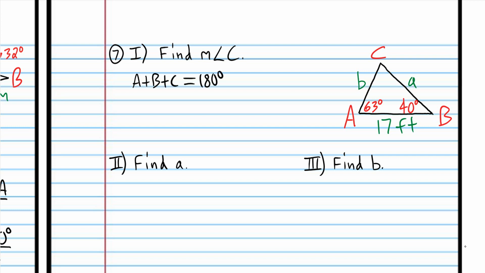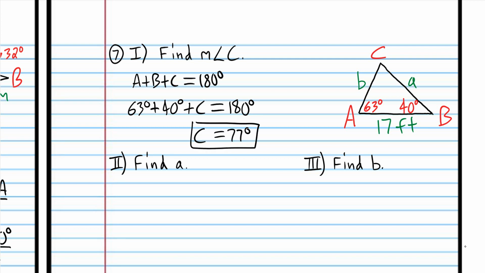You don't have to write that equation, as I mentioned. So we're looking for the measure of angle C. And if we do the math, we come out with 77 degrees for the measure of angle C.